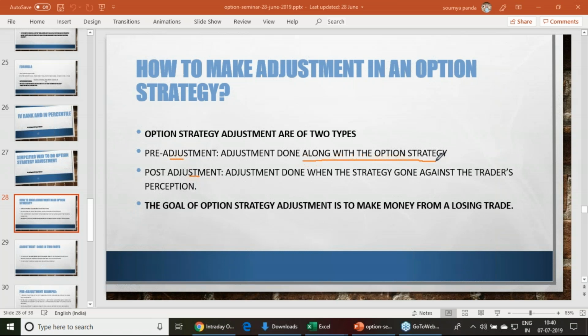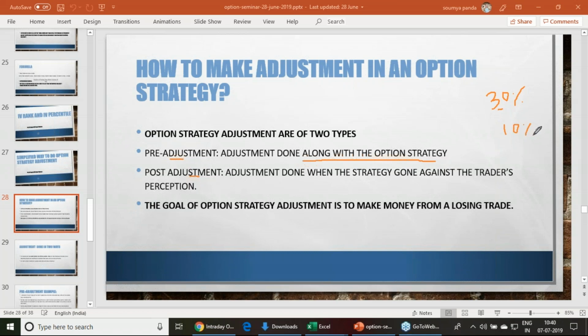As for post-adjustment, suppose you have formed a strategy with a 30% net delta. Now what happens? The strategy goes against you. So this net delta of 30% is now coming to 10%.